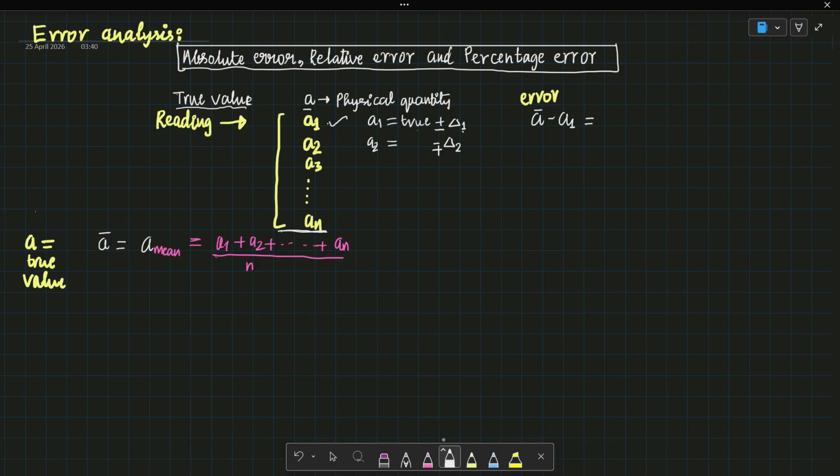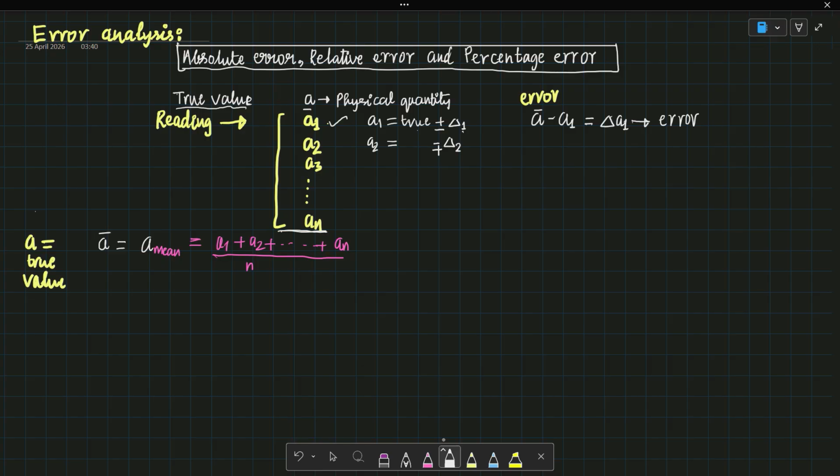This is called delta A1. You can also say that this is the error in the first measurement. So the true value minus A1 is the error in the first measurement.